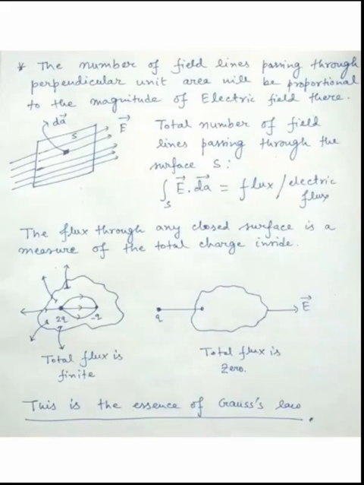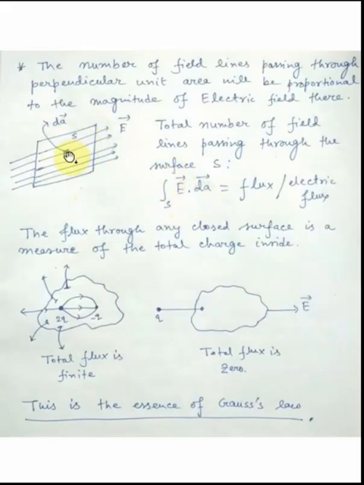Now, the number of field lines passing through a perpendicular unit area is proportional to the magnitude of the electric field there. Now, suppose this is a surface S and electric field lines are crossing through this surface. The total number of field lines passing through this surface can be quantified like this: the surface integral of E dot dA. Now, what is this E dot dA?